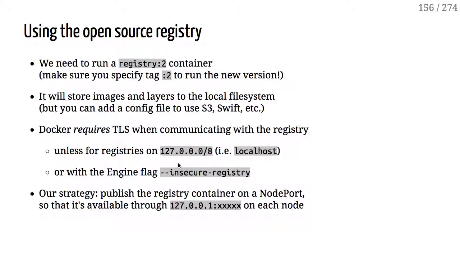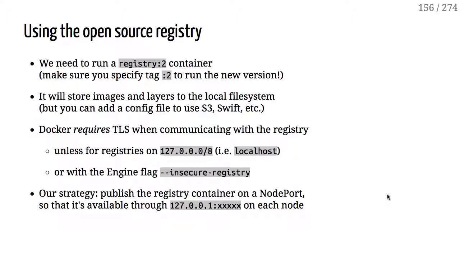And we also require that the registry has a valid certificate, which kind of sucks if you just want to create your registry real quick and have things work out of the box. So there are a couple of ways to work around that. We could use Let's Encrypt to generate a certificate for the registry, or we could reconfigure the Docker engine to add the insecure registry flag, or, and that's what we're going to do, we could publish the registry on a node port, and that way it will be available on localhost on that node port.